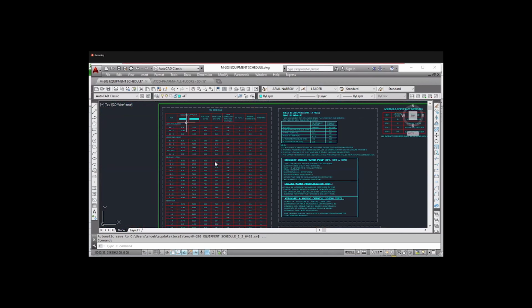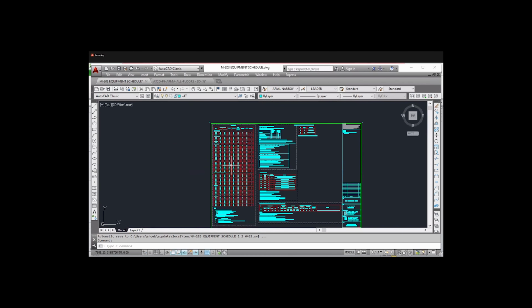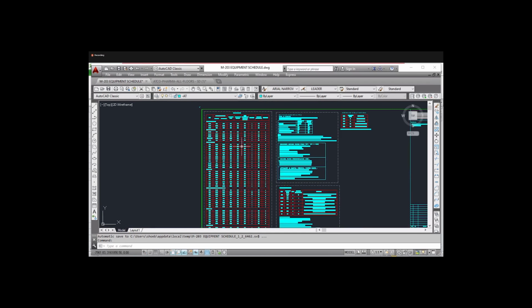For each equipment we have to prepare the schedule. So based on that schedule, we have to prepare the BOQ. So first is the design using the calculation, duct sizer and pipe sizer of chill water and ducting to the equipment, and then we have to prepare the schedule like this.